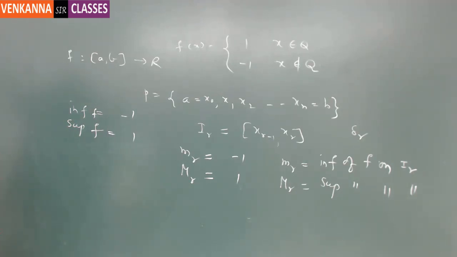You are considering all possible points in the subinterval you have taken, and you are considering all the function values in it, among which you are picking which is small, which is big. The smallest is infimum and the biggest is supremum.